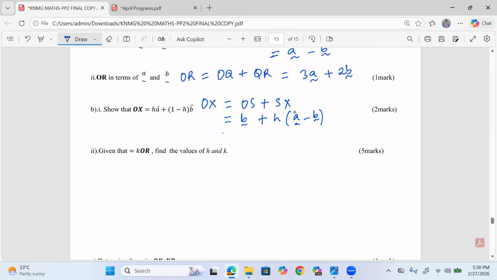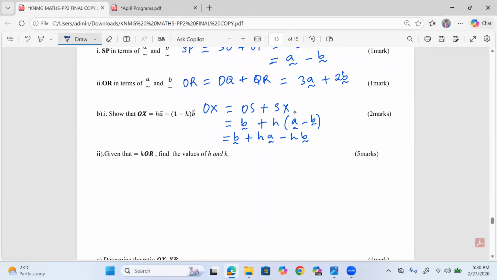So now we can talk about vector B plus H vector A minus H vector B. Let me underline this part so that we have HA plus B minus H vector B. I'm just grouping the terms with vector B's together.